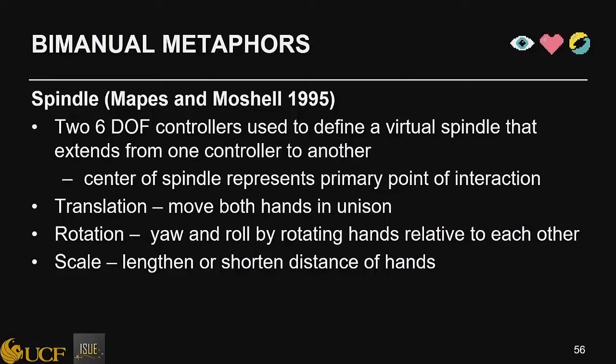So there's a long history of this technique. What it does is it basically takes two 6-degree of freedom controllers and uses them to define a virtual spindle that extends from one controller to another. It represents the center of manipulation. And with that, when you move both hands in unison, you can translate. When you go back and forth, you can do rotation, and you can actually go like this to do scaling if you want.